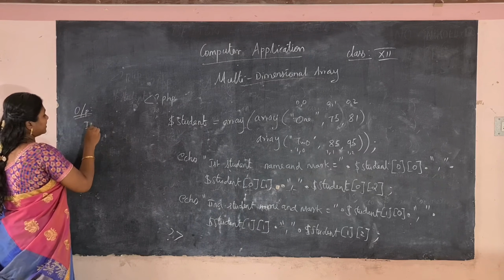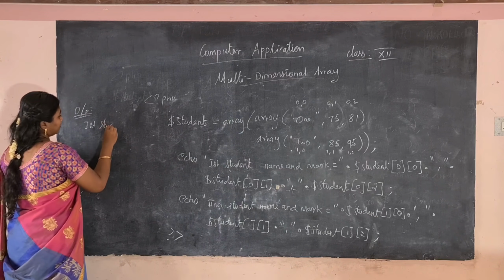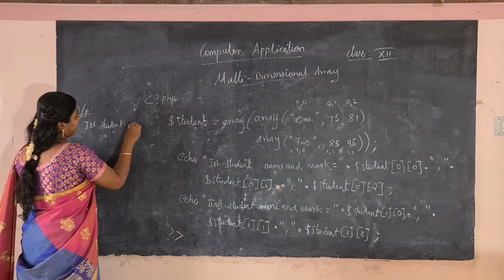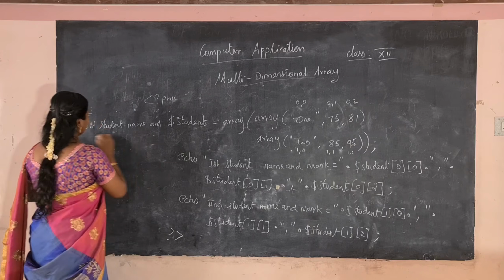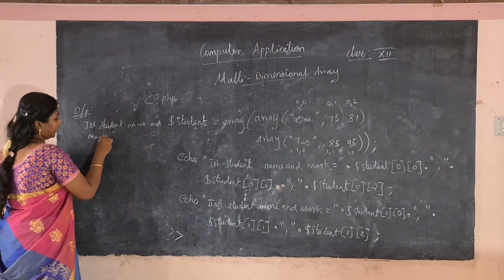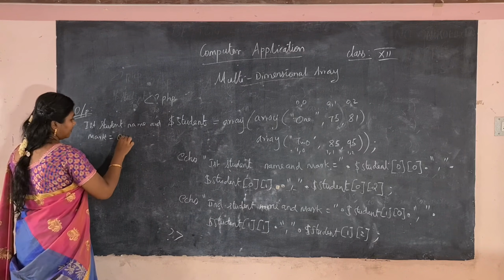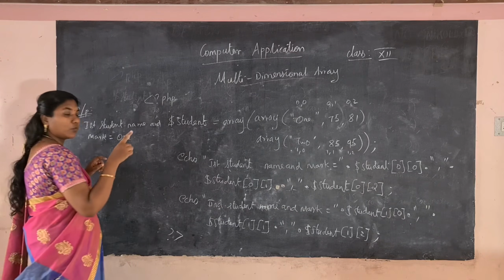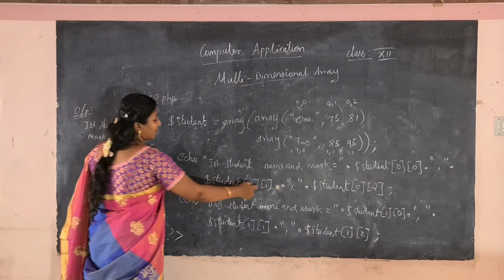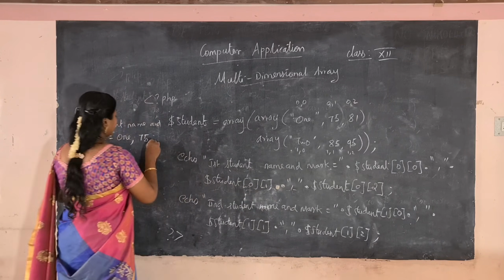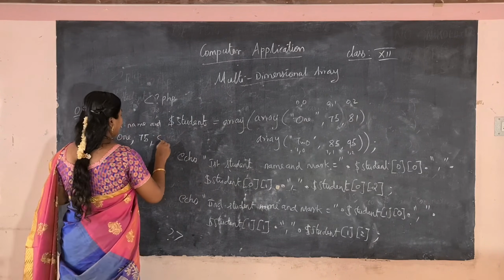So what is the output? First I have used first student name and mark equal to. So first 1, and next I have asked to print 1 comma, so comma 75, that is in the 0 comma 1. Again I have asked to print 1 comma, and then the value will be 81.